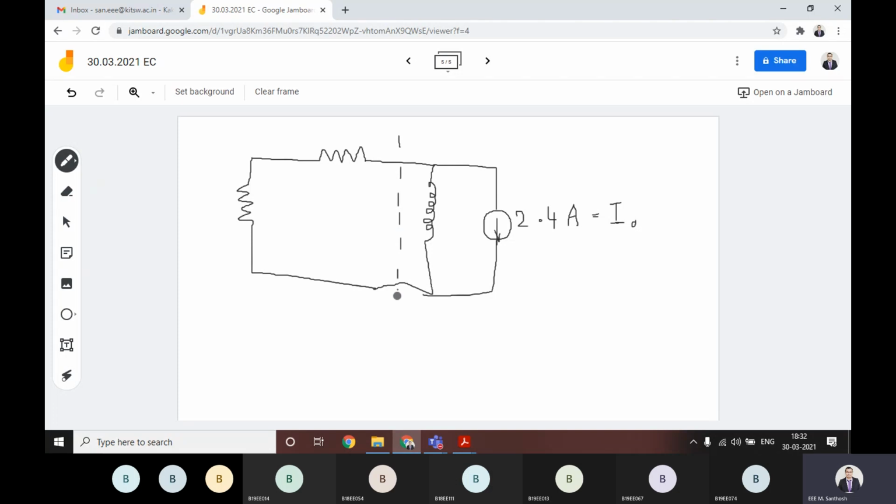Can anyone tell us what is the inductor value here? This is 10 ohm and this one is 40 and the voltage is V. What is the value of inductor here? Sir, inductor short circuited.